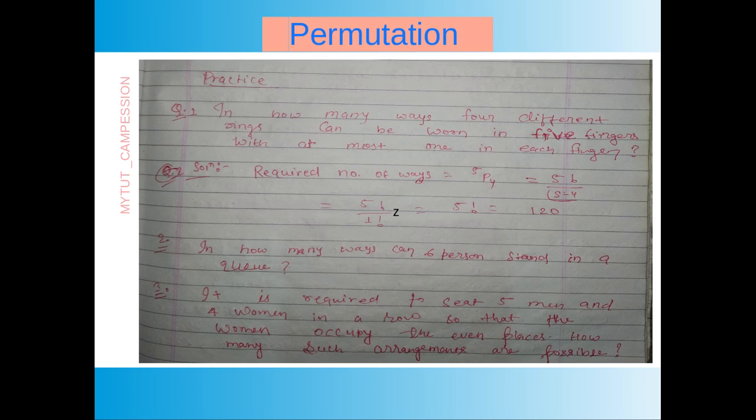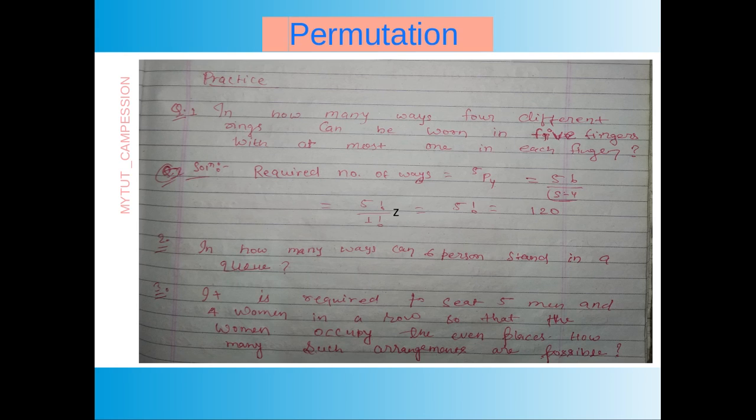Okay, I will explain this question. Here there are 6 persons and 1 queue. This is an arrangement of 6 persons in a queue. In how many ways is the arrangement possible? For 6 distinct persons, n distinct means 6 factorial.